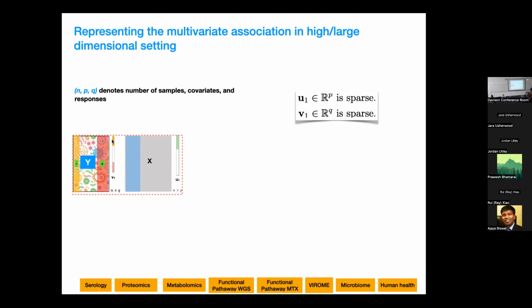Mathematically, if I am able to somehow guide my analysis looking for U1 and V1, I'm done. This is what my scientist has told me to look for, and I can get this using this kind of formulation.